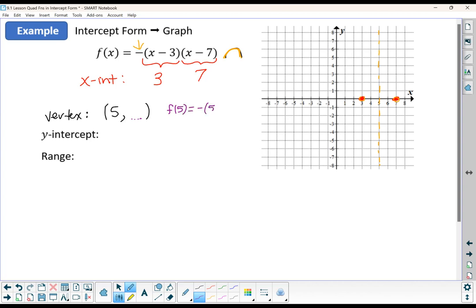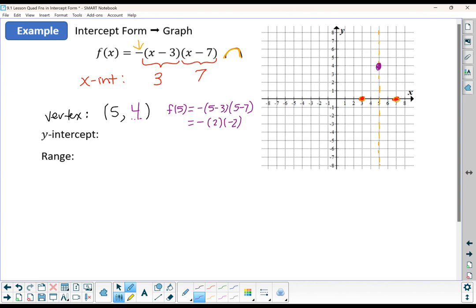Sometimes people think it's weird to sub into intercept form, but I actually like it because usually it's pretty easy to mentally calculate. So I have a negative, 5 minus 3 is 2, 5 minus 7 is negative 2, so I have a negative 2 times negative 2, so that is a positive 4. That's going to be the vertex's y value.